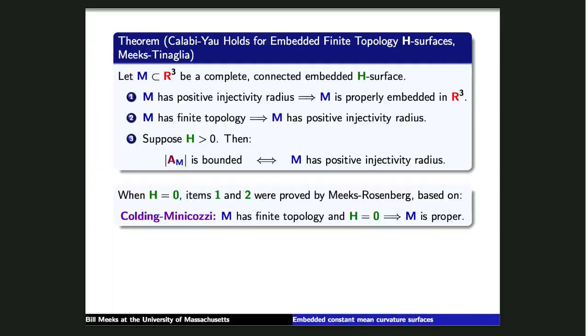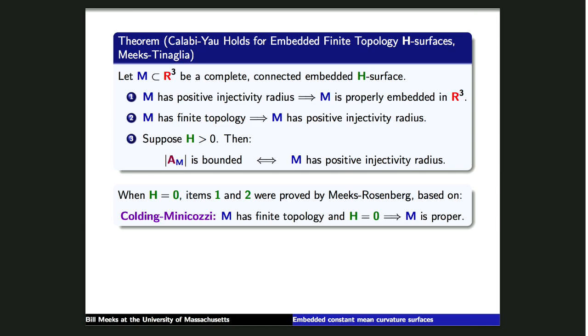Okay, so this theorem is certainly related to some previous results. For H equals 0, the first two items were proved by Harold Rosenberg and myself. Our work was in a manifold setting, which we also want to generalize, but it was certainly based on crucial techniques in the last paper they had on this subject in the Annals.